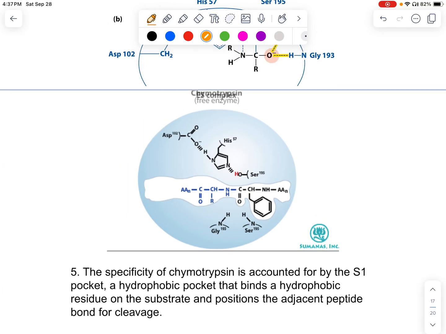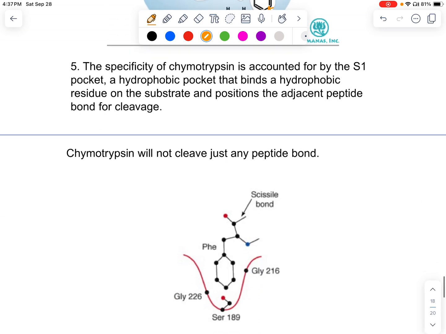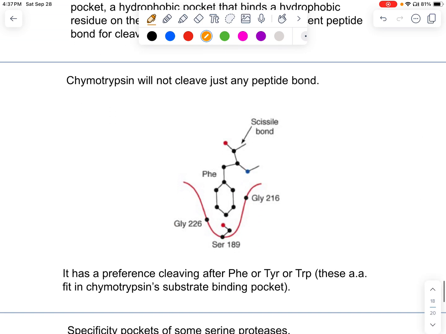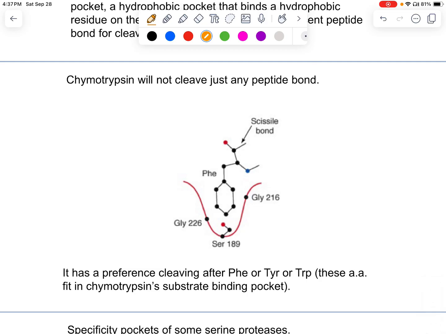And then a key thing is that for all this to work, we had to get the peptide into the active site, not just in there in any way, but in there in the right orientation. And that hydrophobic pocket really makes that happen. That's what allows us to know which amino acids chymotrypsin will cleave, always on the carbonyl side of it.